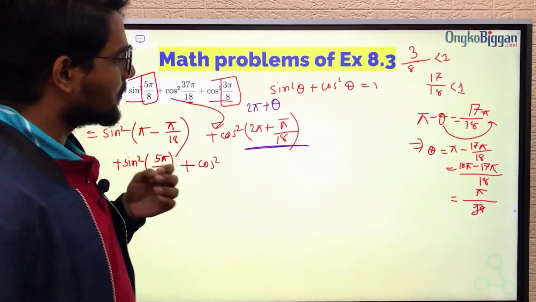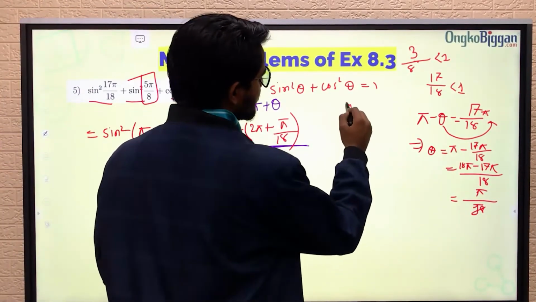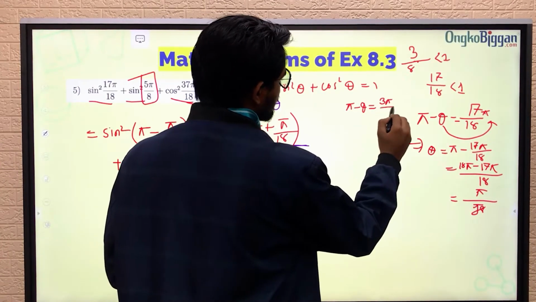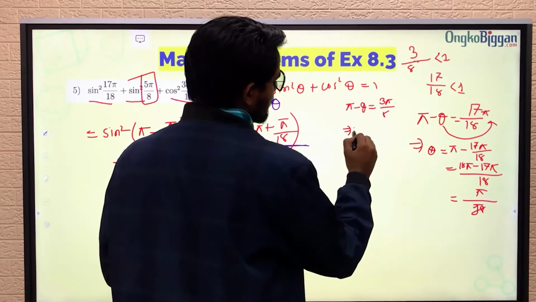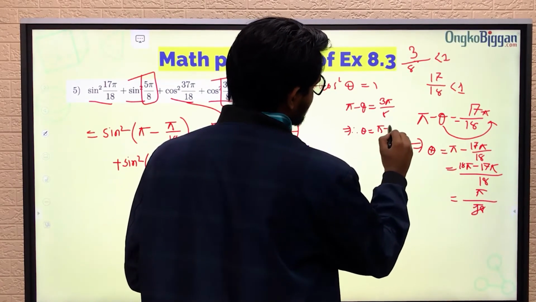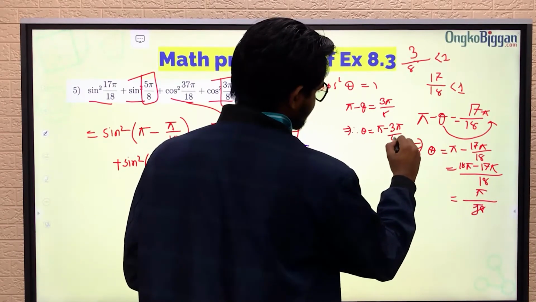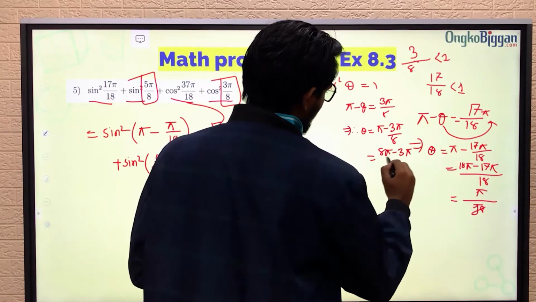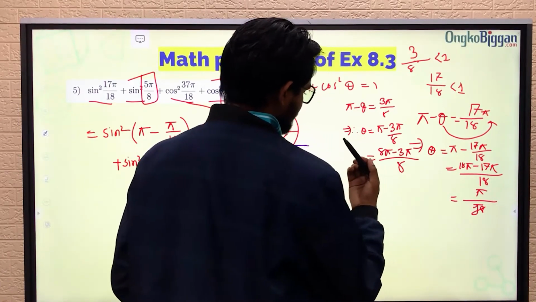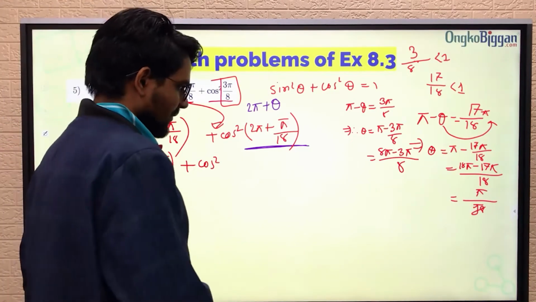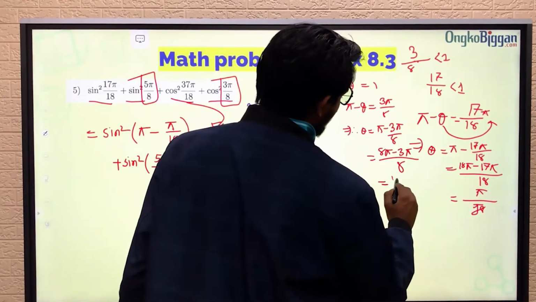So for this we use pi minus theta is equal to 3 pi by 8. So theta will be pi minus 3 pi by 8. That is 8 pi minus 3 pi by 8, and we will get 5 pi by 8.